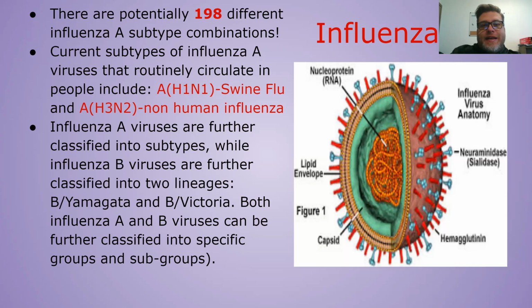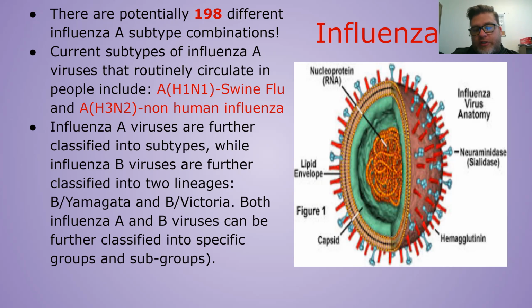There are 198 different influenza A subtypes. That's just A. Current subtypes of influenza A viruses that routinely circulate in any given season are H1N1, the swine flu, and H3N2. We'll talk more about that momentarily.